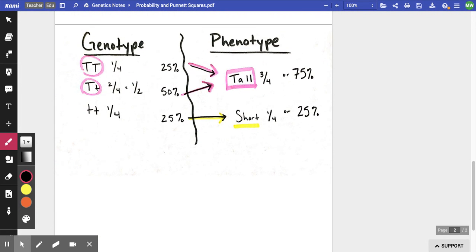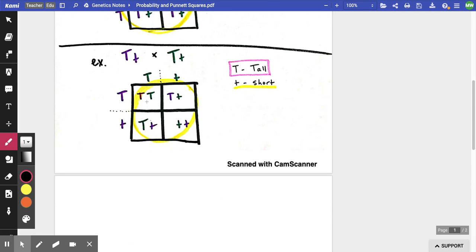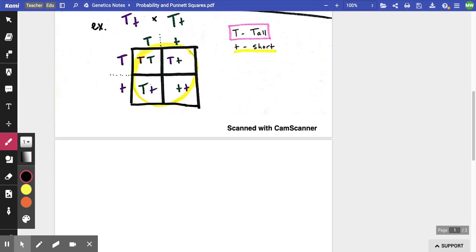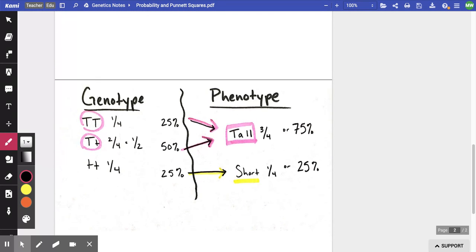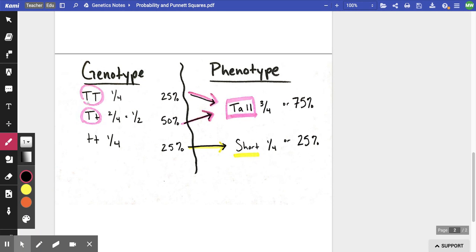If you look at where I've scrolled down here, again, genotypes are the letters. So in our Punnett square, we had 4 boxes, and then capital T, capital T, capital T, lowercase t, capital T, lowercase t, and lowercase t, lowercase t. Those are the 4 possible genotypes for the offspring.